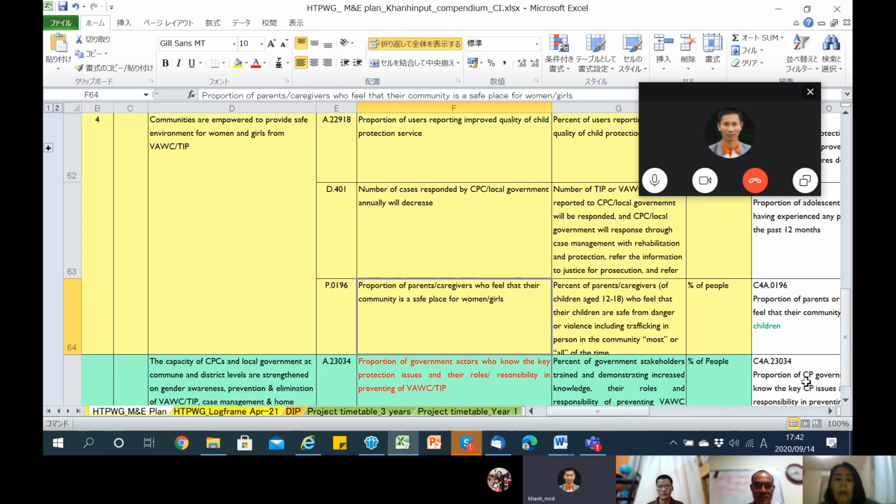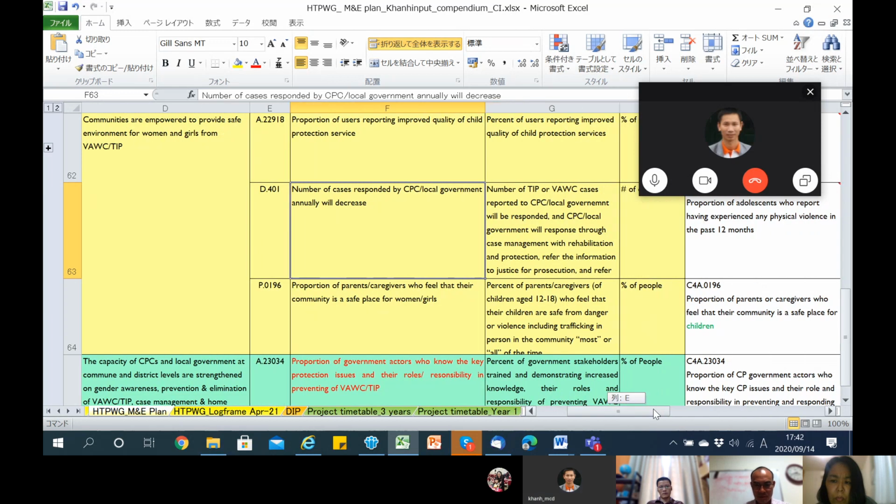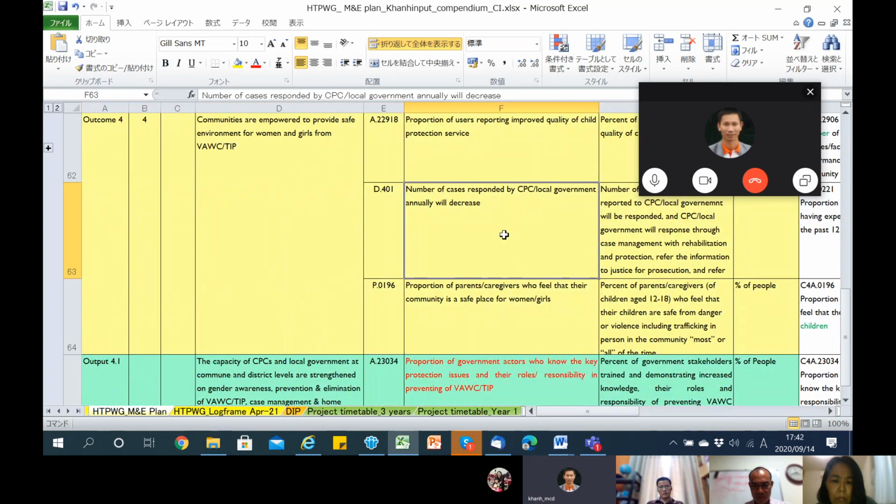Okay. So maybe we can collect those data from CPC. Yeah, we have to collect from CPC. For example, for the beginning year, now it is 2020, and each year we collect and we see the decrease or increase. So this kind of counting. Yeah, counting.